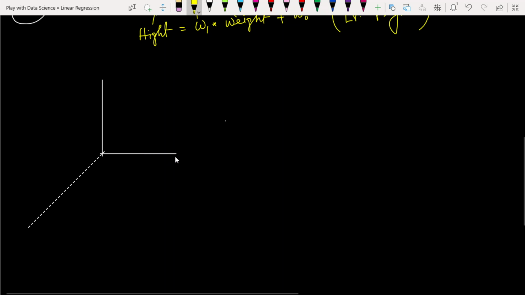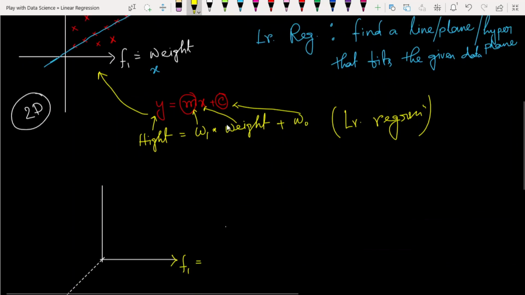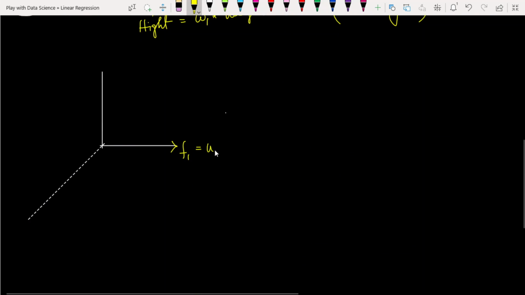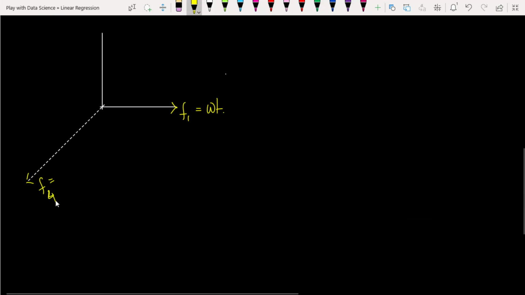So let's say in this direction we have feature 1, that is our weight. Simply for weight we are using WT. In this direction let's say our feature 2, F2, that is our hair color.